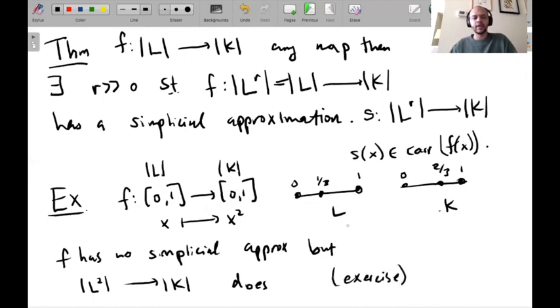So the exercise is that the original map doesn't have a simplicial approximation. If you subdivide once, it still doesn't have a simplicial approximation. But if you subdivide twice, then it does. Okay, so this is a good example to think about.